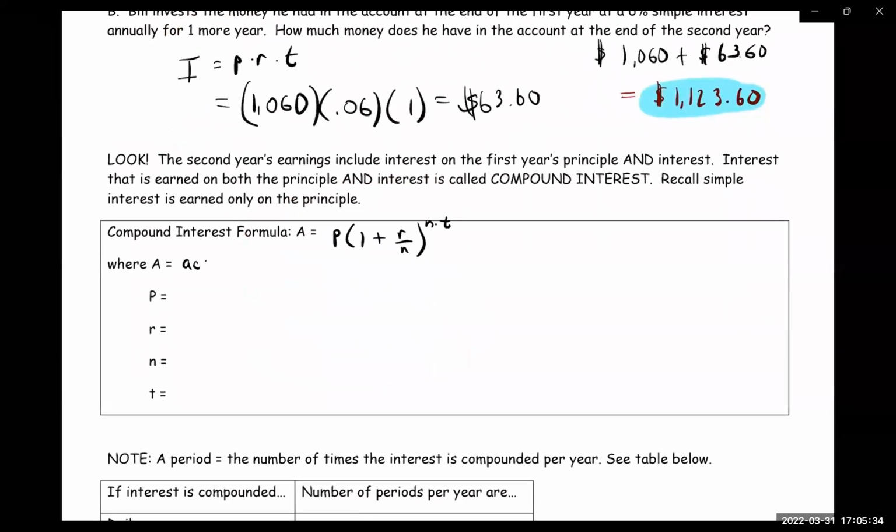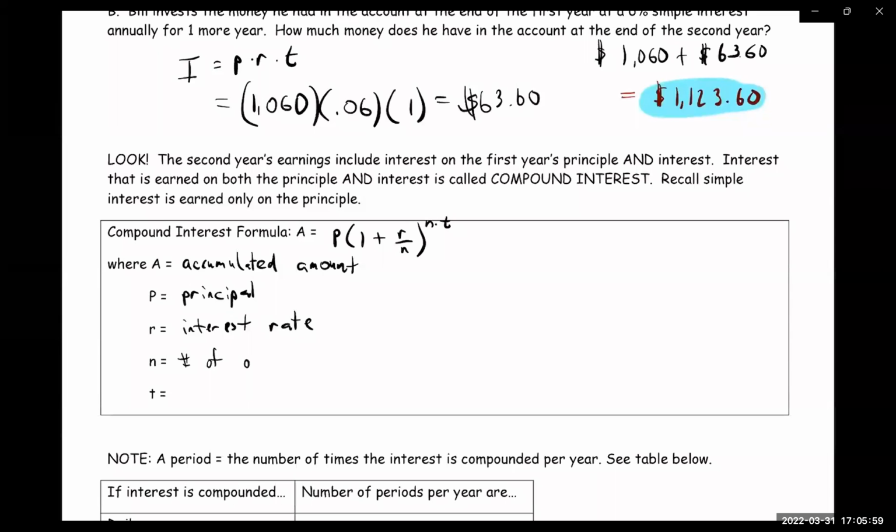Okay. So A represents the accumulated amount. P is the same thing as before, principal amount. R is still the same, interest rate. N is the number of compoundings per year.